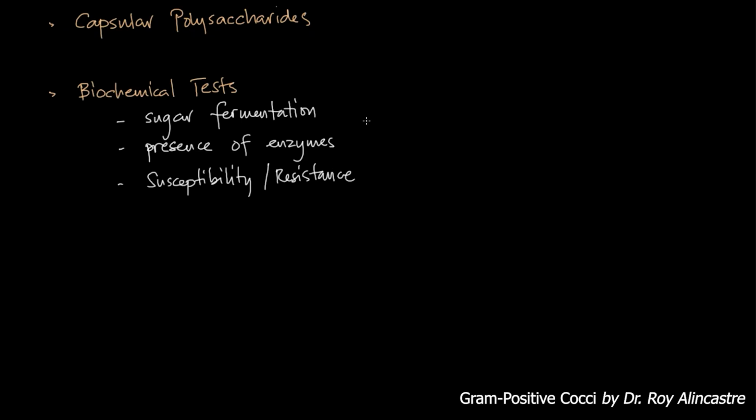They are also specially used for species that typically do not react with the commonly used antibody preparations for the group specific or the Lancefield groups, like the Viridans strep, for example, which do not react with the antibodies used for the Lancefield classification. Okay.